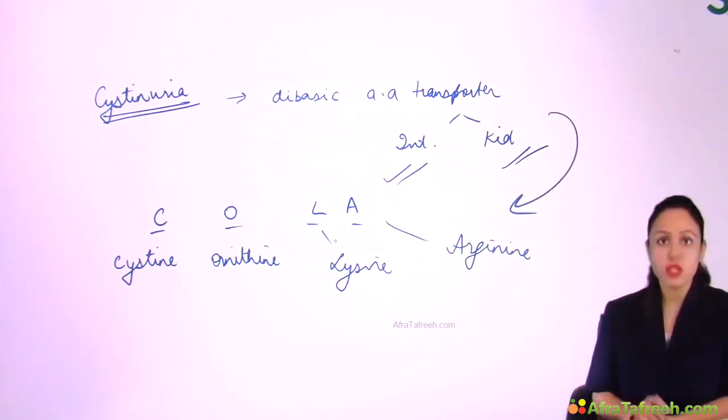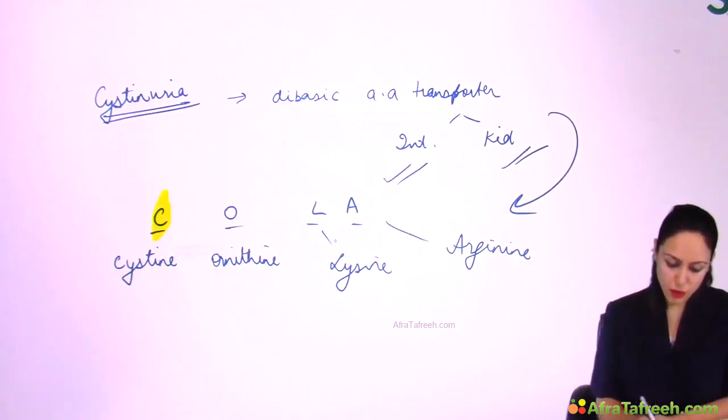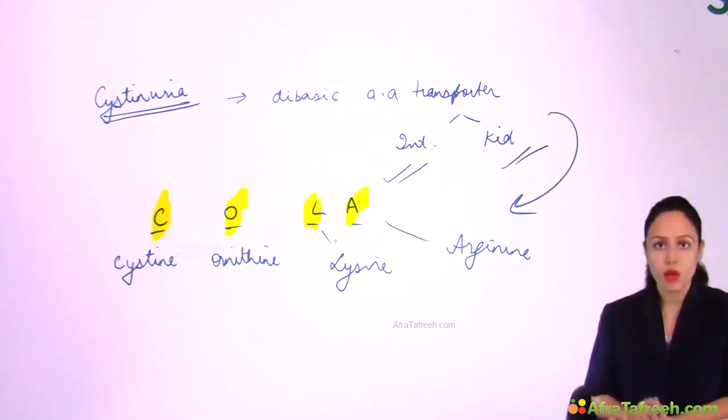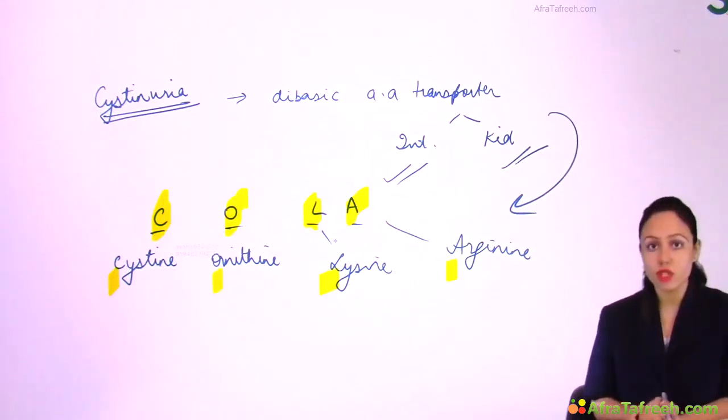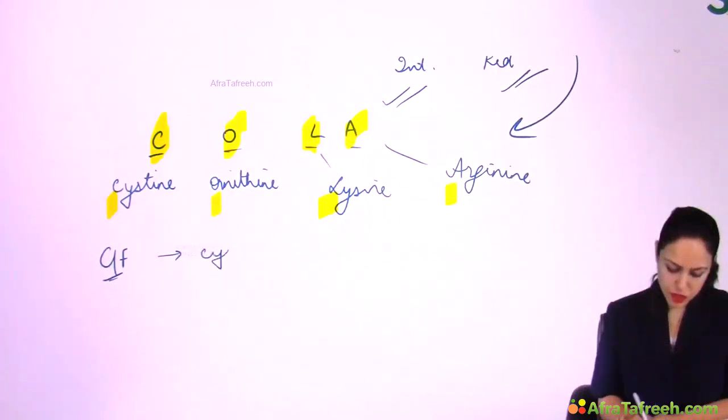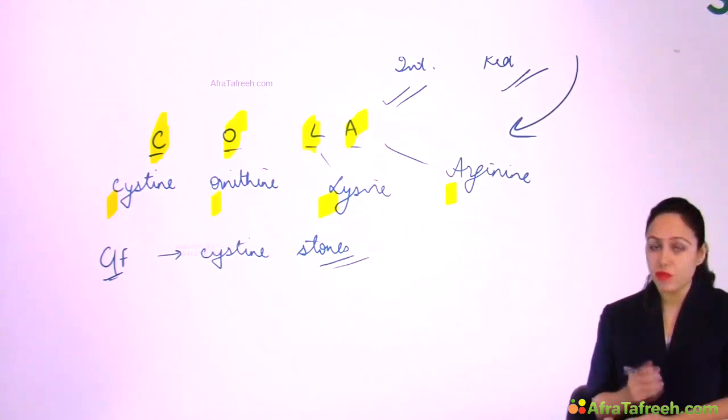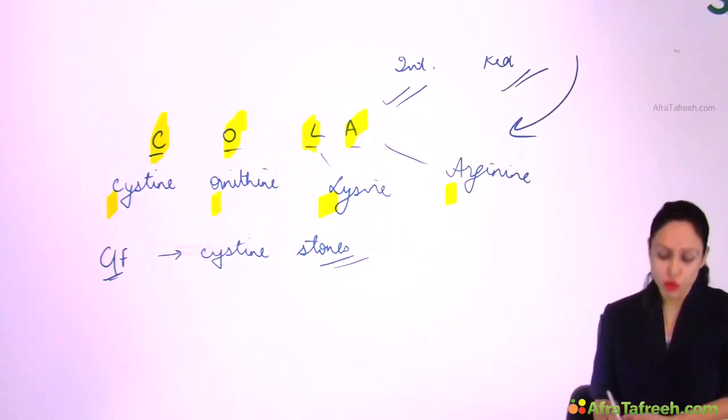This is the frequently used mnemonic here. These 4 amino acids are coming in urine, right? Clinical features: these patients will be having cystine stones. So they mainly present with flank pain and hematuria because of these cystine stones present in the kidneys.